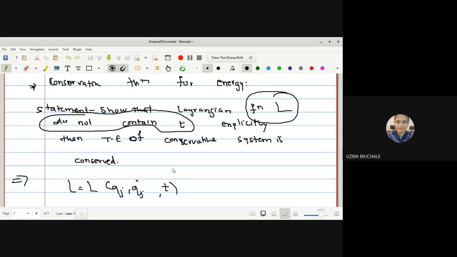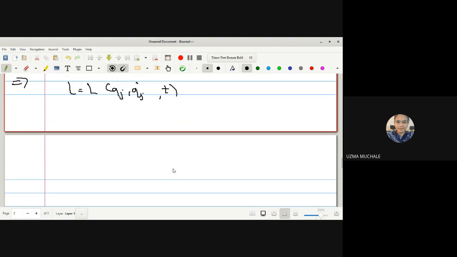Okay, show that if the Lagrangian L does not contain a time t explicitly, then the total energy is conserved. So if a Lagrangian L does not contain the time t, if I take the total derivative dL by dt, how to evaluate the derivative?